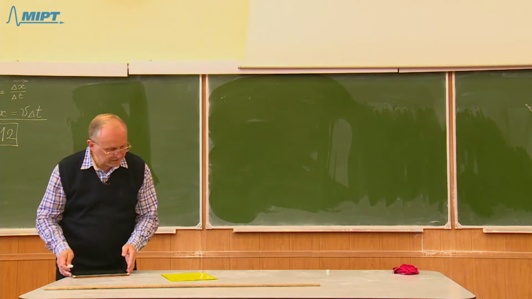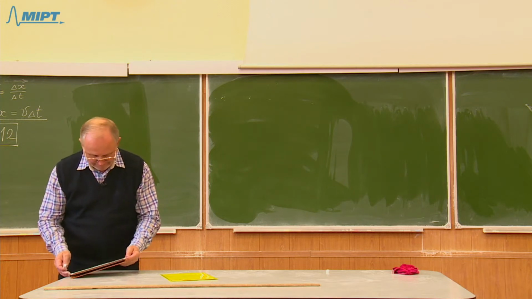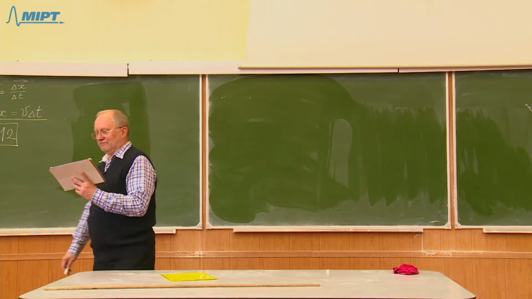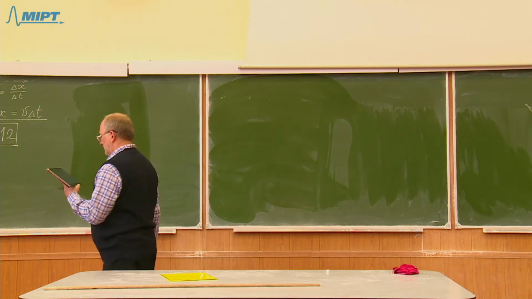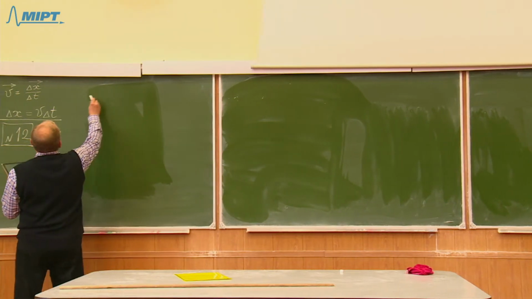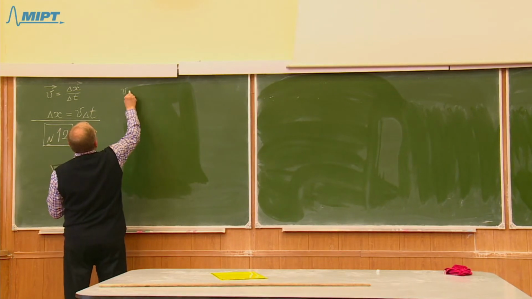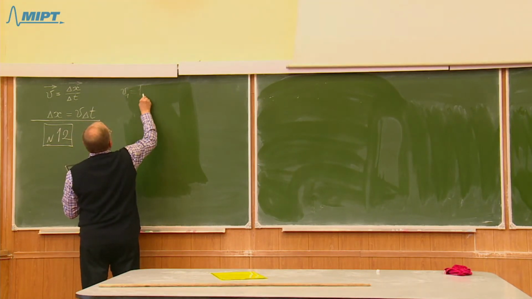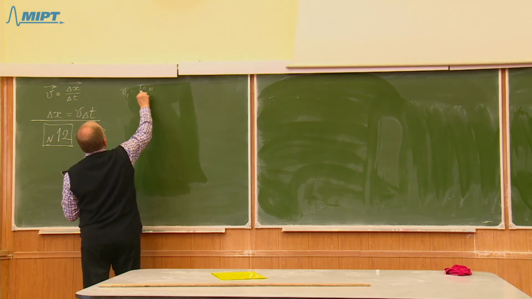Problem number 9. A bus is running along a highway at a speed of v1, 16 meters per second. The speed is given in meters per second.